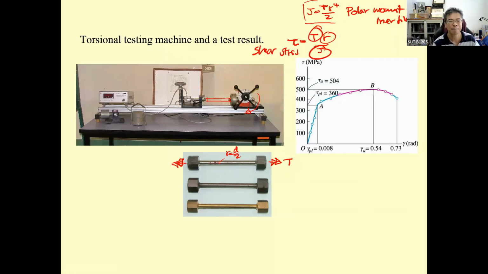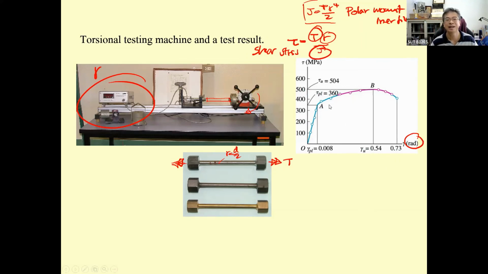And again, over here is the digital meter. It's going to provide you with the strain. So you can plot the shear stress and shear strain. And this is going to be studied in the next chapter.